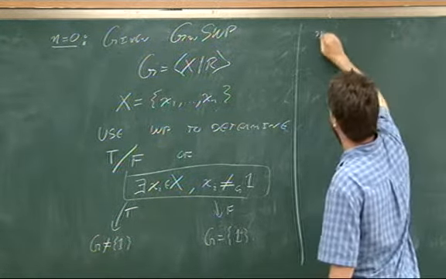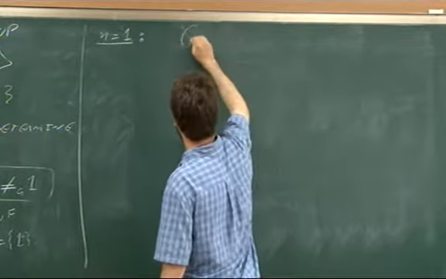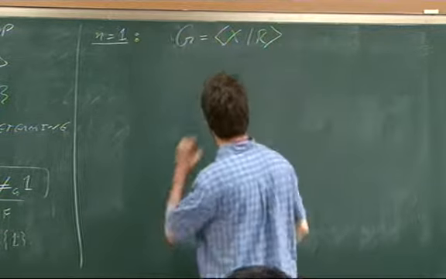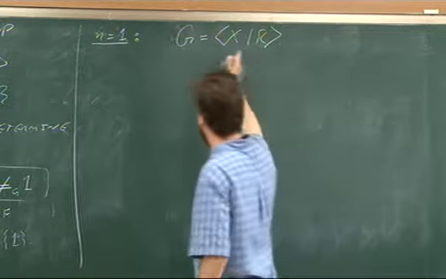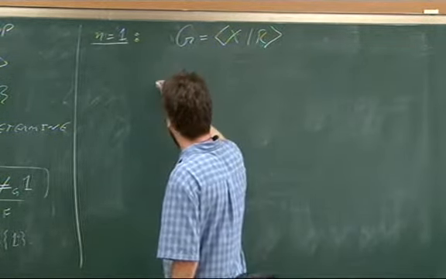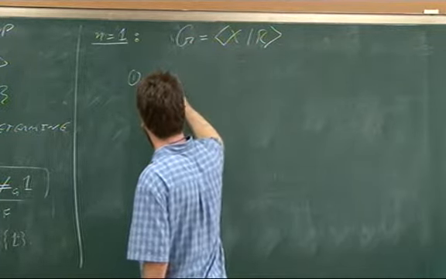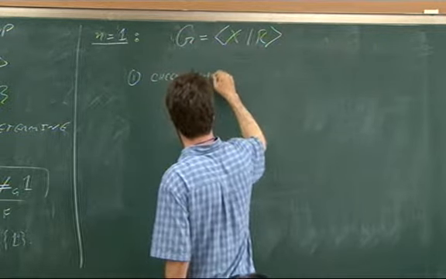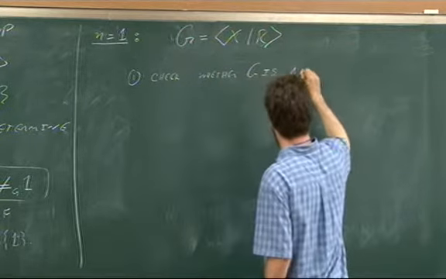So for n equals 1, we've got this group of solvable word problem with presentation X with relators R, and the point is that, first of all, we can check whether G is abelian.